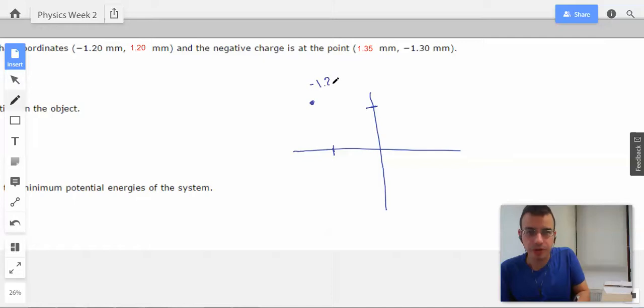Negative 1.2, 1.2, and then we have 1.35, negative 1.35, so right about here. 1.35, negative 1.3, there we go.